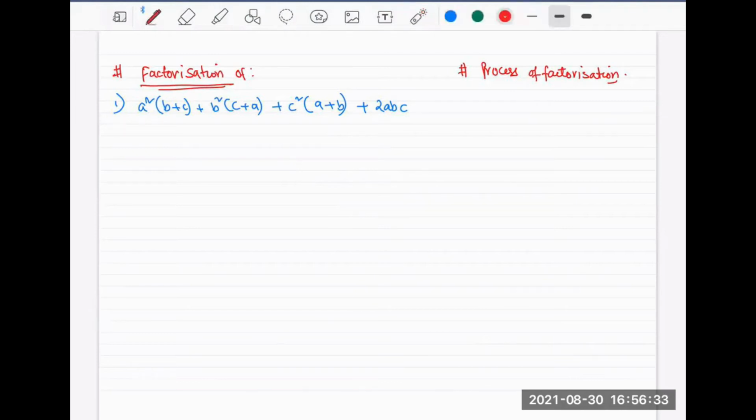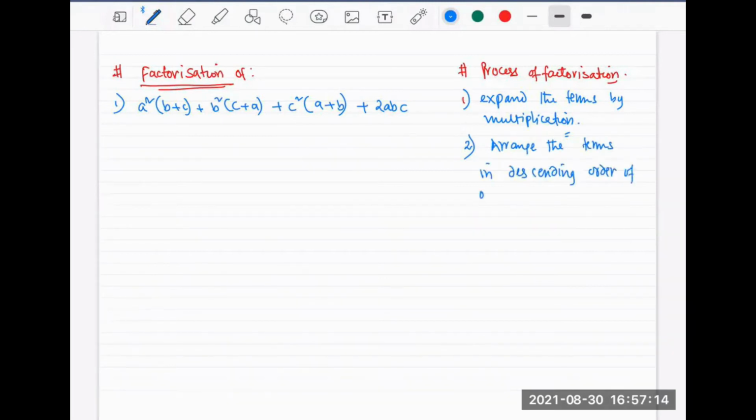Okay. So the process of factorization is, first, you have to expand the terms by multiplication. Copy this. Then arrange the terms in descending order of one of the letters. I'm going to demonstrate these one by one. And take common factors.